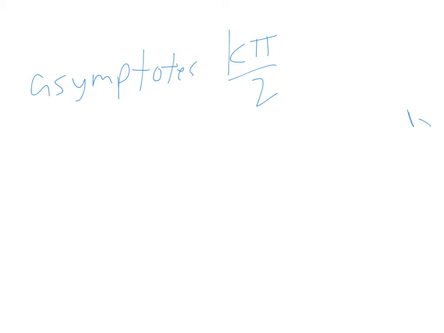And we said, I think in a previous video, there were asymptotes at intervals of k pi over 2, with k being an odd integer.